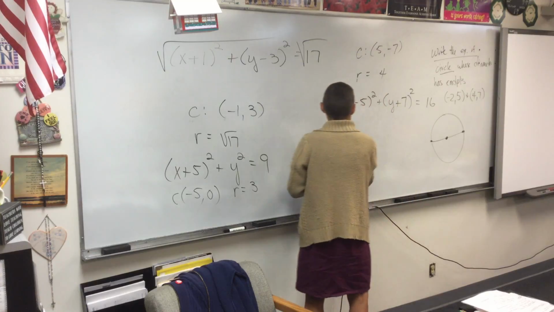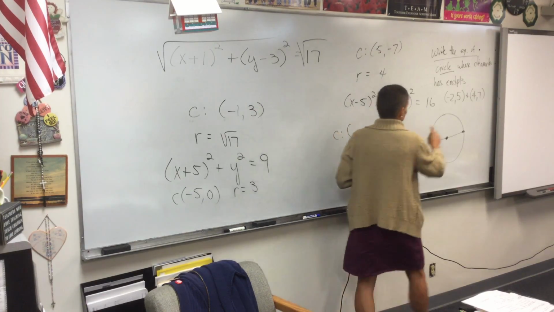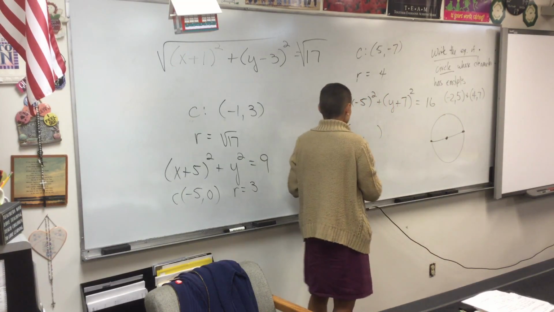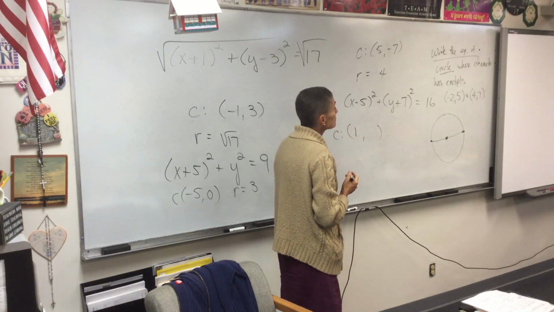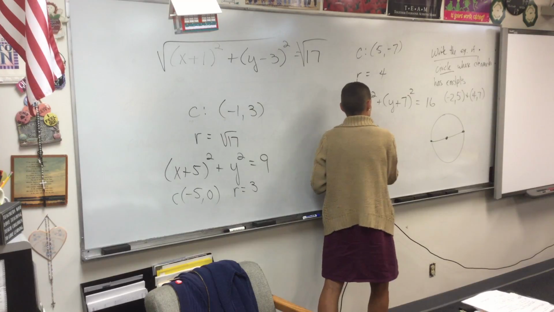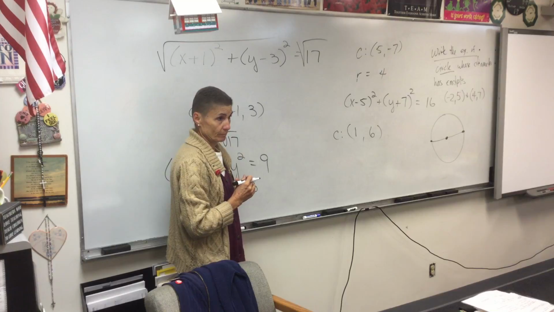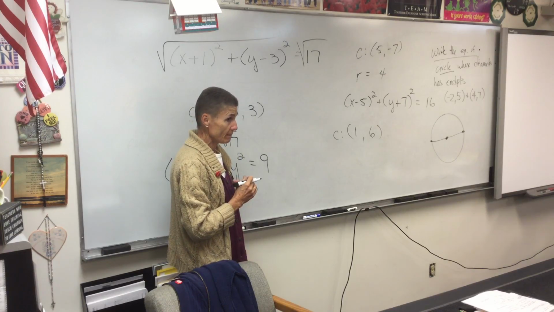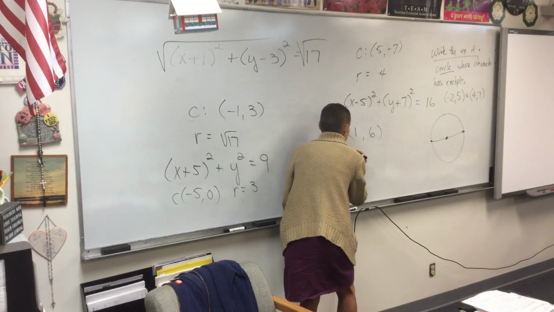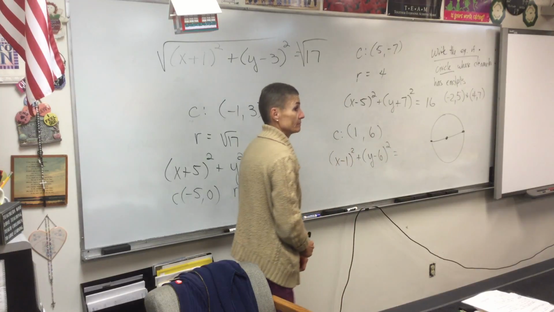All right, we know how to do that. So our center will be -2 plus 4 divided by 2, 5 plus 7 divided by 2. Everybody's still with the program? So x minus 1 squared, y minus 6 squared equals something.